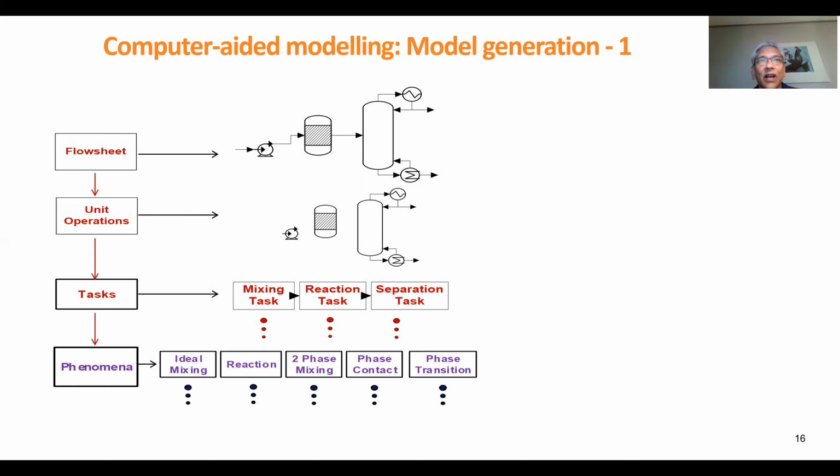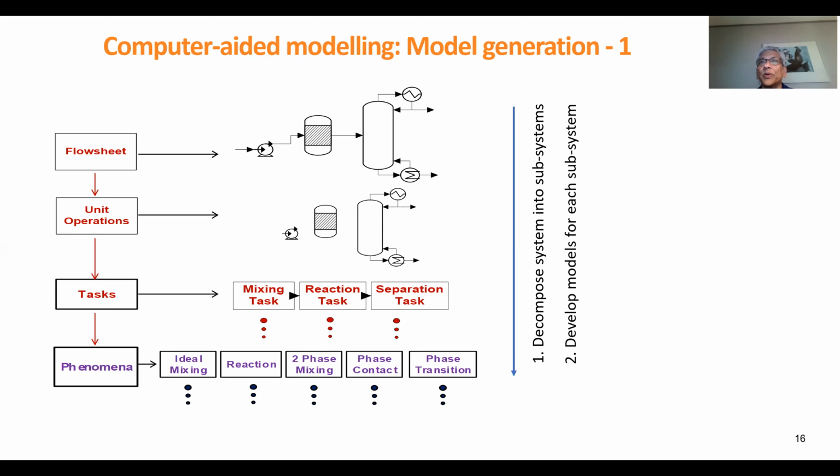The phenomena models are embedded into the task model. The task model is embedded into the unit operation model, and the unit operation model is embedded into the flowsheet model. So what we are doing is decomposing the system until we cannot decompose anymore. And then at the lowest scale, we have models, and for all the other scales, we have a procedure by which we can embed these models into the larger scale systems.